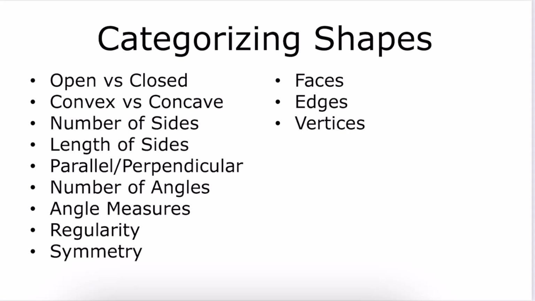And it's important when you're working in these younger grades to really help students understand what all of the different parts of shapes are. Because for us as adults, it's really easy to say, oh, a triangle is a triangle. And this is a triangle. A triangle has three sides.